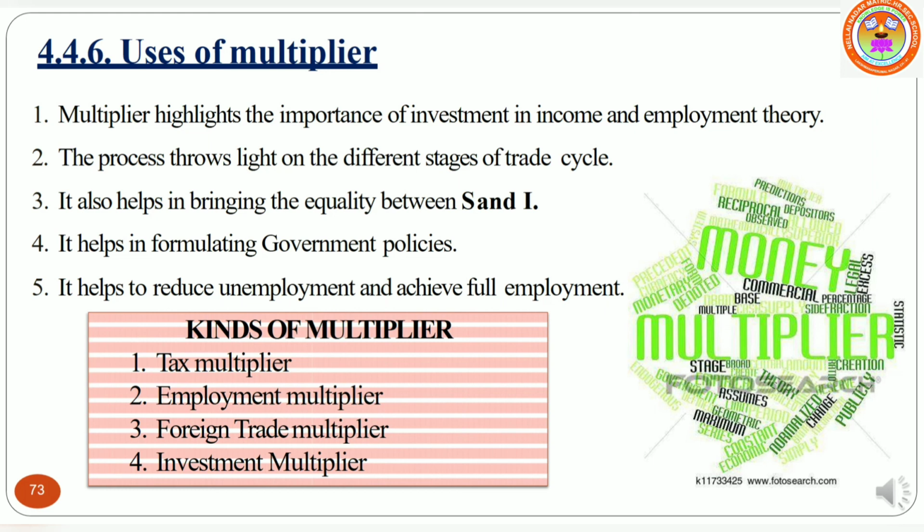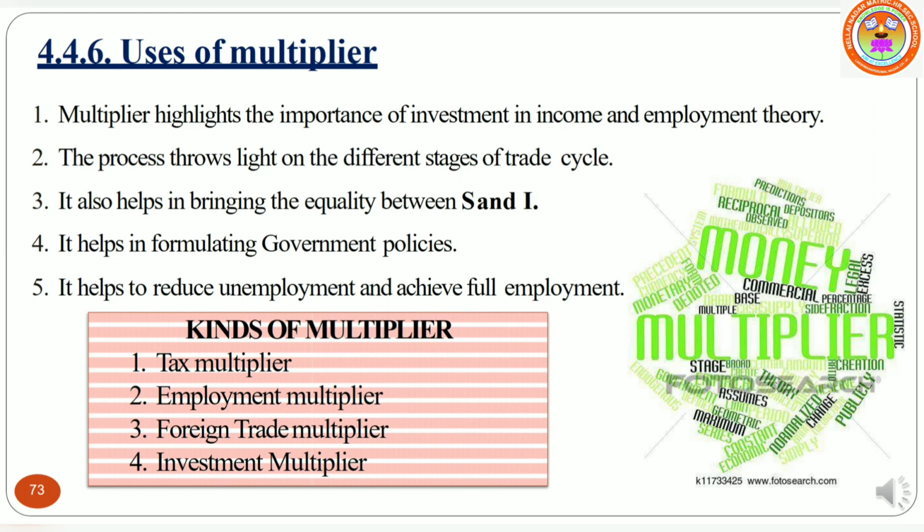Next one, investment multiplier. The multiplier theory highlights the importance of investment in income and employment theory. A fall in investment leads to a cumulative decline in income and employment, and explains the process of income propagation.